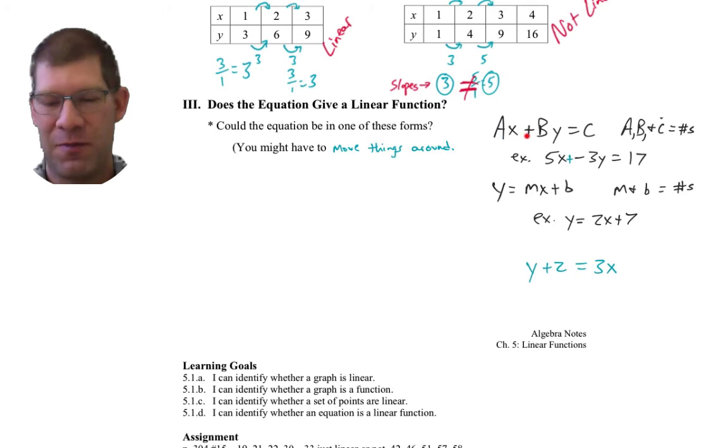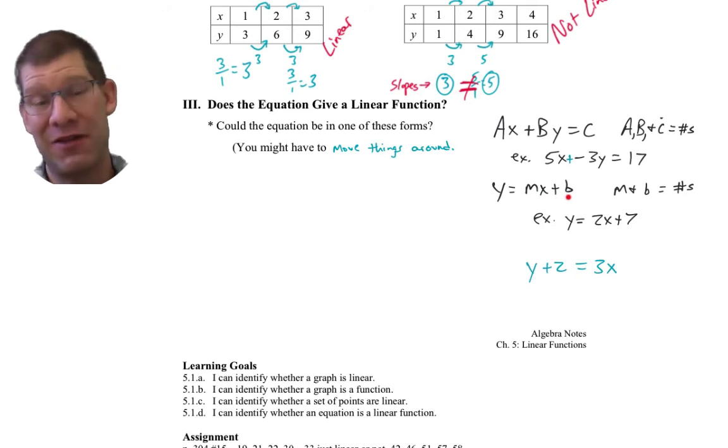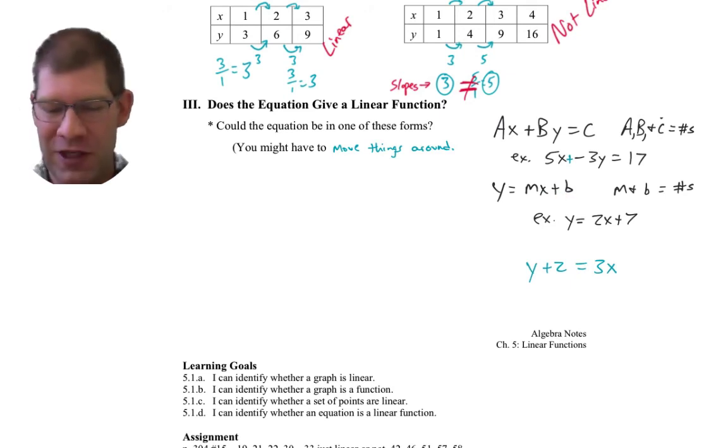So 3x minus 1y equals 2. So it would fit in that equation. We could also subtract 2 from both sides, and then we'd have y by itself equals 3x minus 2. So that fits y equals something times x, and then plus a negative 2 or minus 2. So this here would also be linear.